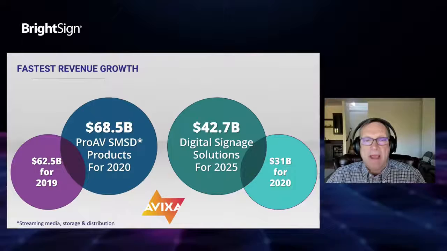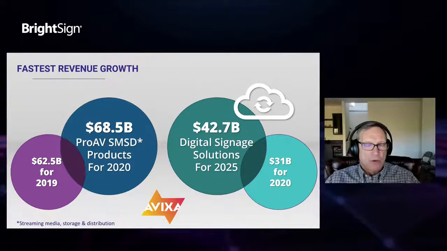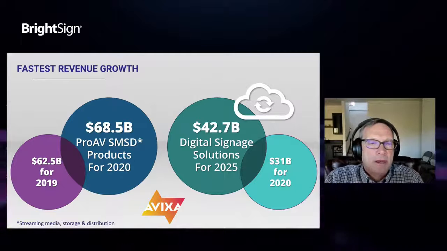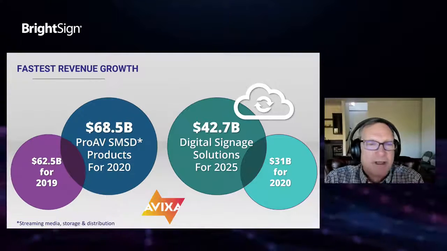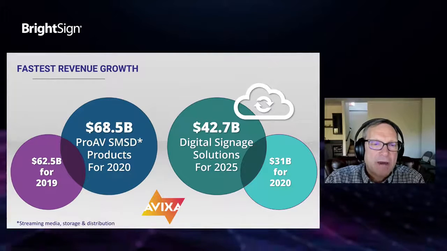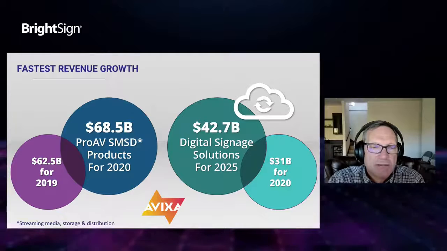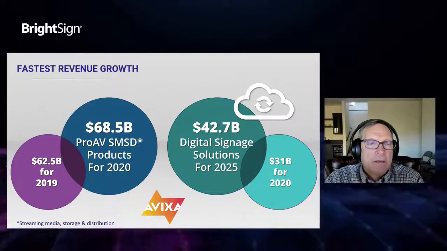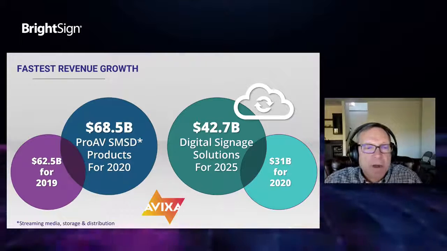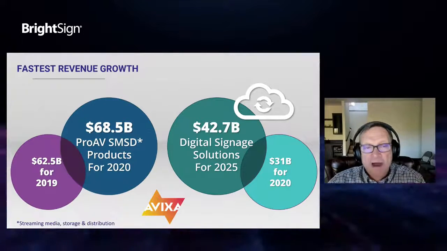And touching more on the economics and what's going on in digital signage, Laura Davies Taylor talked a little bit about some of the areas of growth. I'm focusing specifically on digital signage. So if you look at the overall market for streaming media storage and distribution, this is from Avixa. In 2019, the estimate was $62.5 billion. And for 2020, it's $68.5 billion.